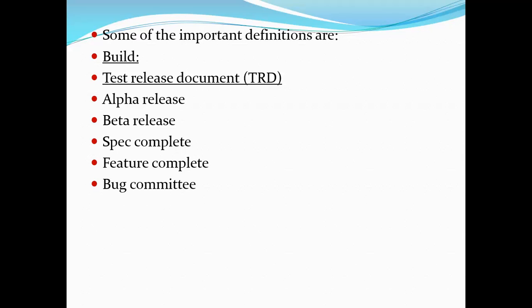Then spec complete, specification complete. It is a scheduled date when the specification is supposedly complete and will no longer change. So here all the specifications, requirement specifications coming from your customers are already over. Your software is totally finished.